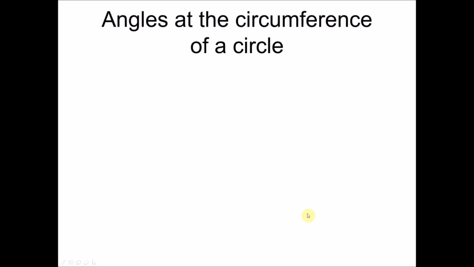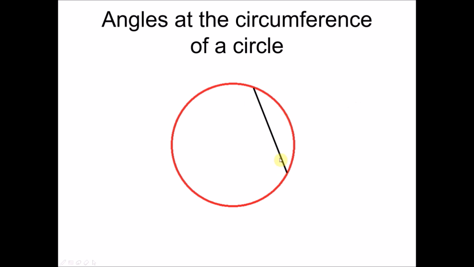We continue. Now, angles at the circumference of a circle. So what is the angles at the circumference? Okay, so let's say you have a circle here, and then you draw a line, which is called a chord, and we connect another chord here, and we label this point here as A, this point here B, this point here C. Now this angle is called angle ABC.